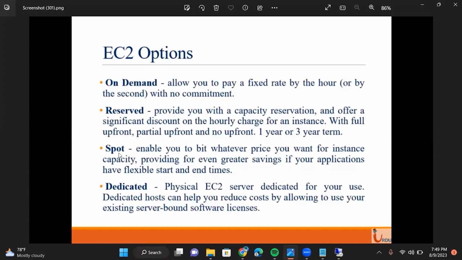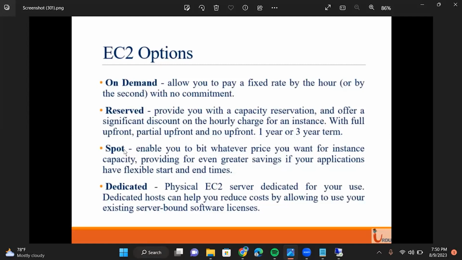Spot. Spot EC2 enables you to bid for your instance capacity. In bidding, what will happen? Amazon has its fair price, which is mentioned.